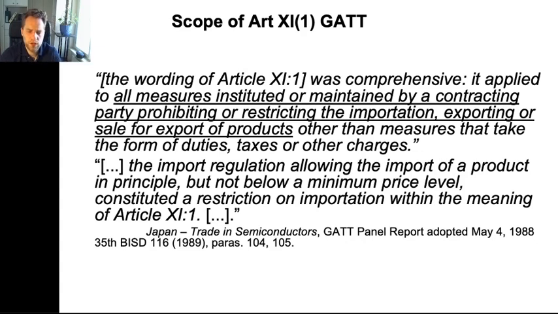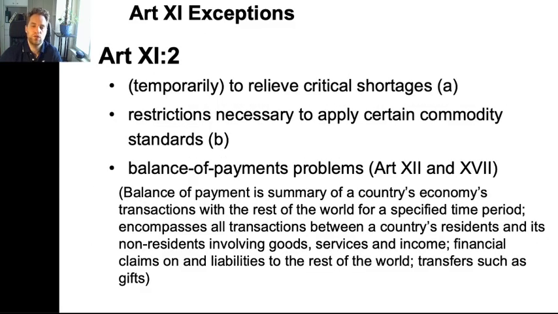And then it went on to say that the import regulation allowing the import of a product in principle but not below a minimum price level constitutes a restriction on importation within the meaning of Article 11, paragraph 1. So what you can see here, even a minimum price requirement by itself may also constitute a quantitative restriction covered by GATT Article 11, paragraph 1 of the GATT and therefore be unlawful.